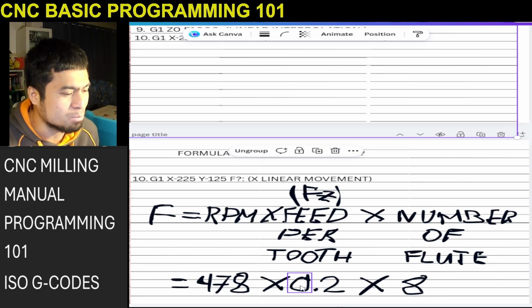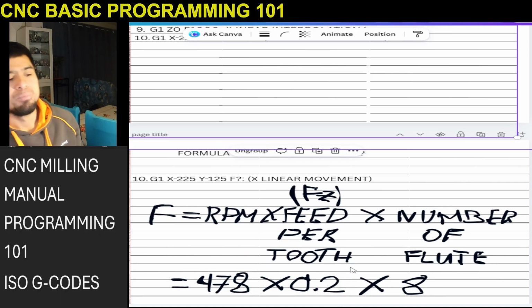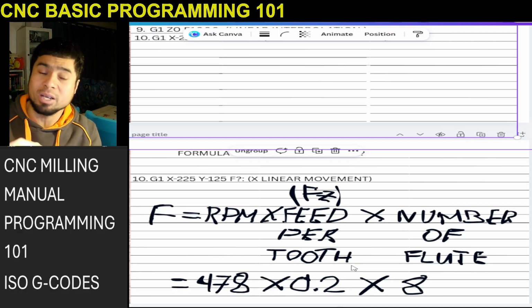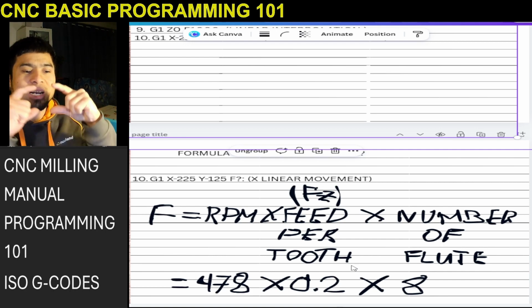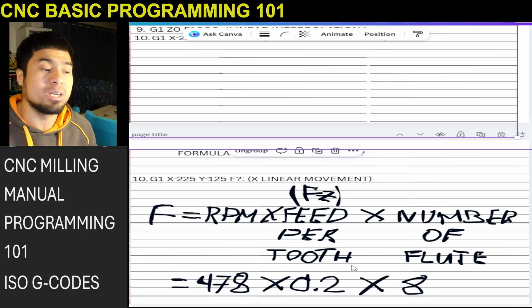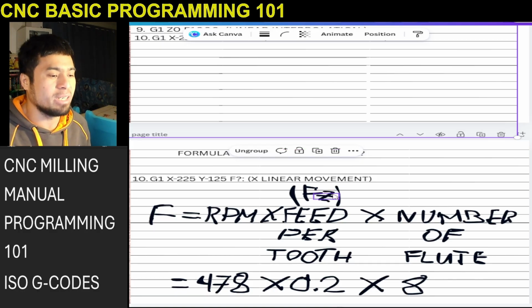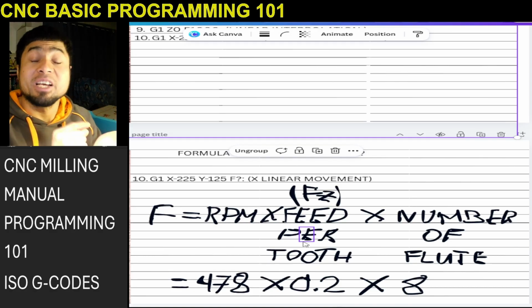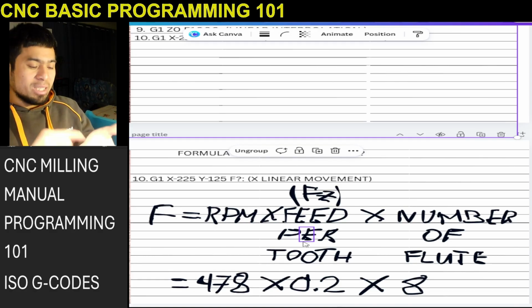And where did we get this 0.2 feed per tooth? When you buy the insert from the manufacturer, the label always states the recommended feed per tooth, or FSED, of that specific insert.